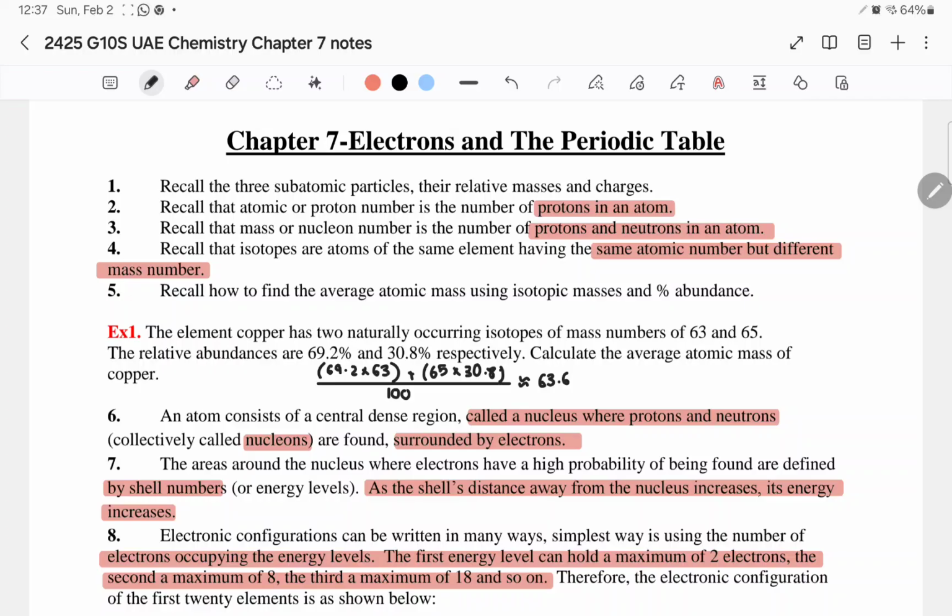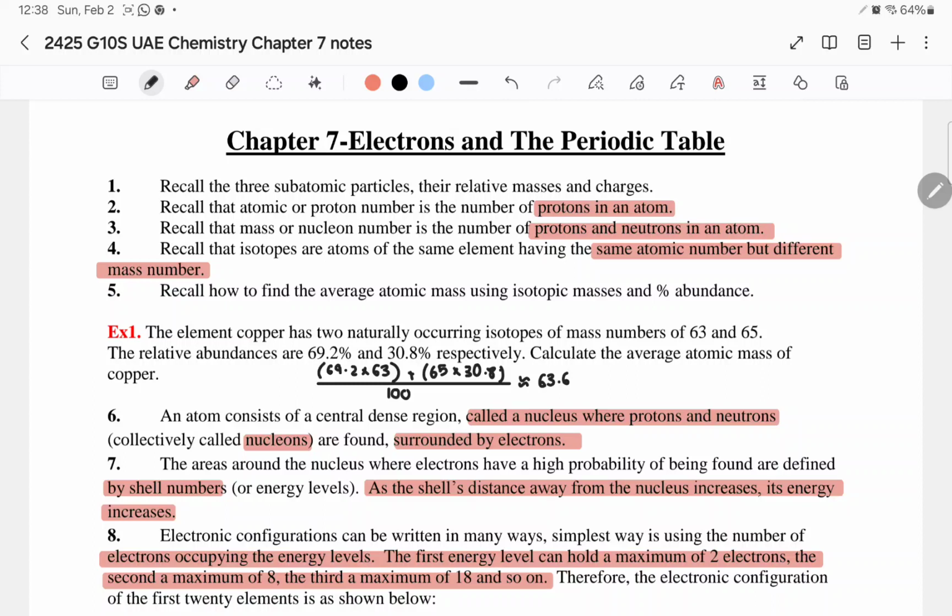They're telling us to recall the three subatomic particles: protons, neutrons, and electrons. Recall that the atomic number is the number of protons in an atom, and that the mass number is the number of protons and neutrons in an atom.